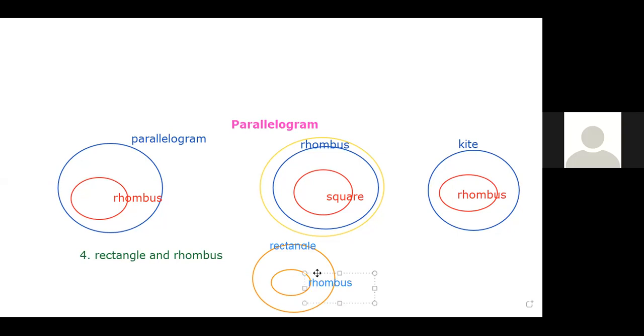Let's move this, and let's say this is a square. So where is the rhombus?